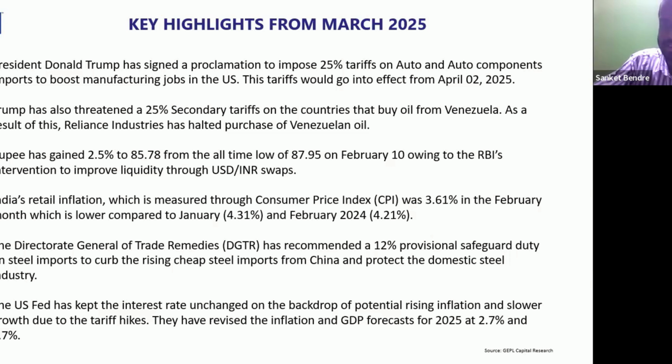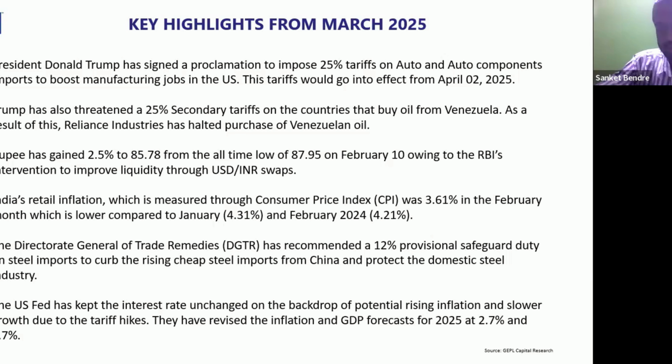So the next update is that the US Fed has kept its interest rate unchanged on the backdrop of potential rising inflation and slower growth, primarily due to the rising tariff hikes. They have also revised the inflation and GDP forecast for the calendar year 2025 to 2.7% and 1.7%.